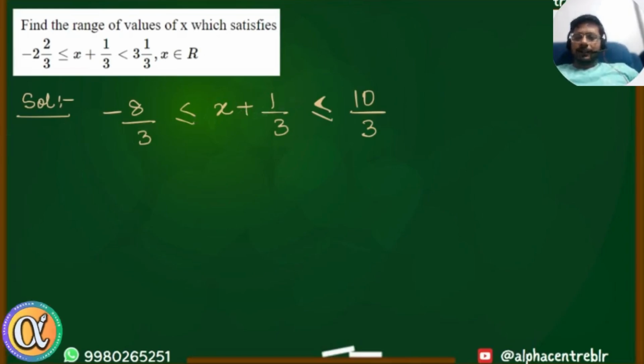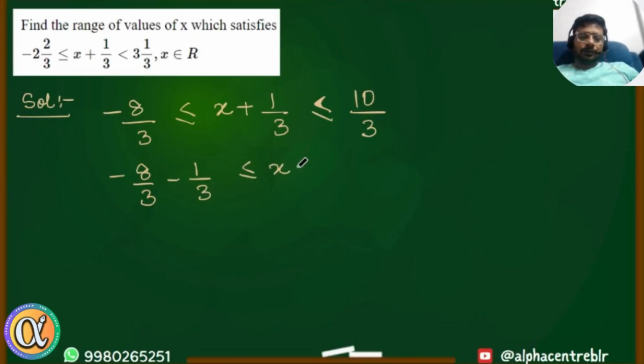We learned in the last rule that if you add or subtract a number on an inequality, the inequality does not change. So in this next step we just subtract 3 from each term.